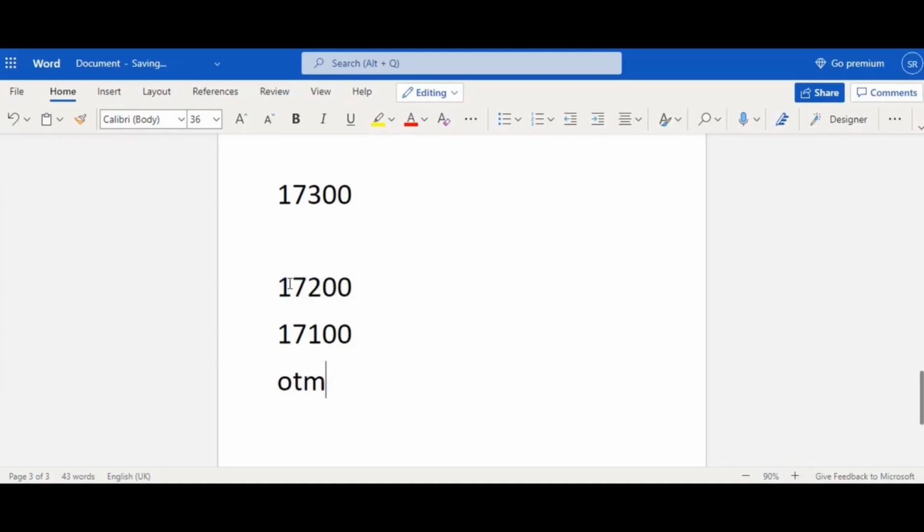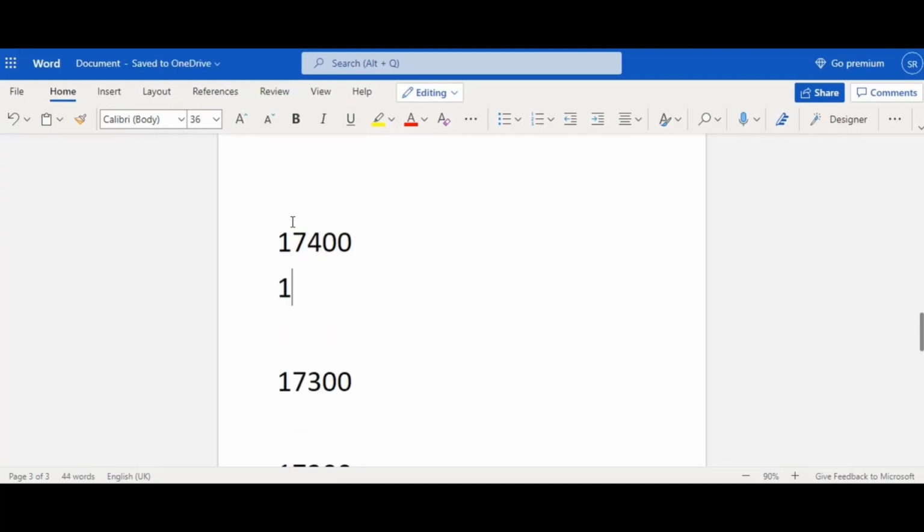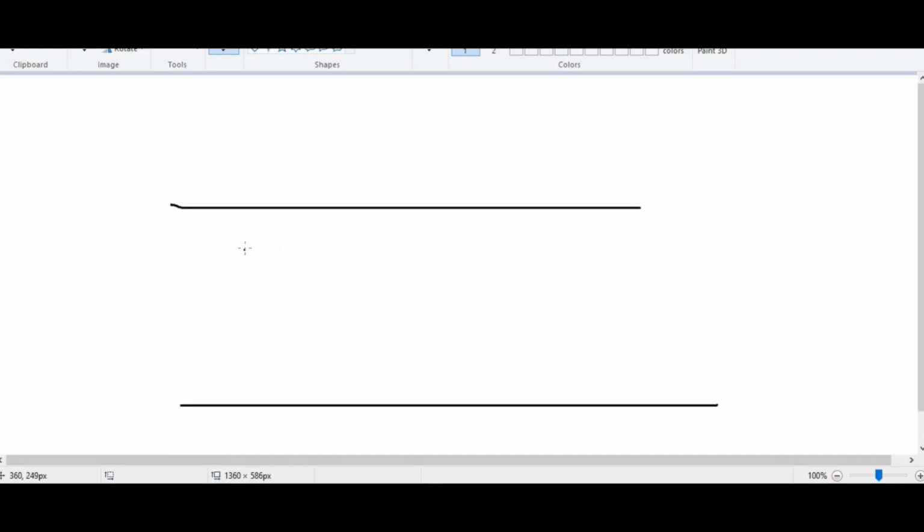So what are in the money options for calls are basically out of the money options for puts. And anything above 17,300 from the puts perspective is already achieved. Whenever you are shorting markets, this level is already achieved. 17,350 has already come when you are looking towards the downside. Getting my point? So when you are looking for a downside, this level 17.4k is already done, or 17.3k is already done.